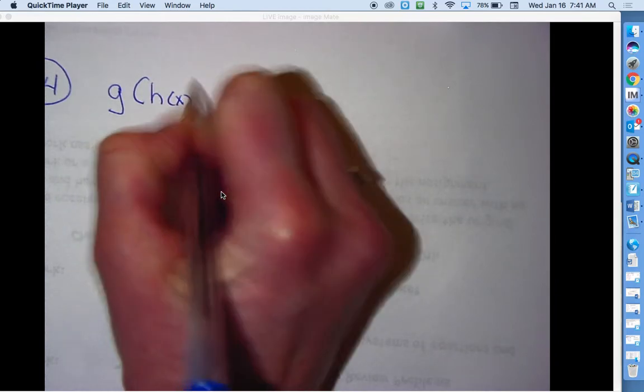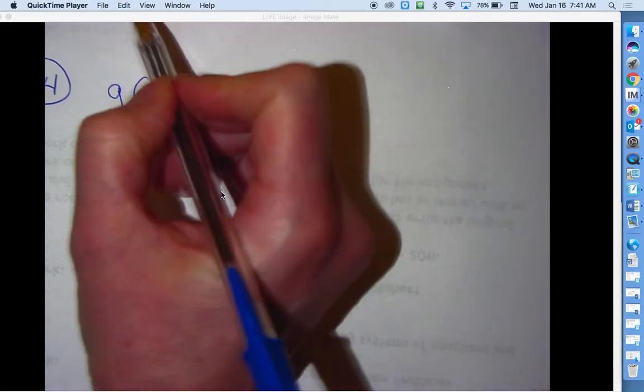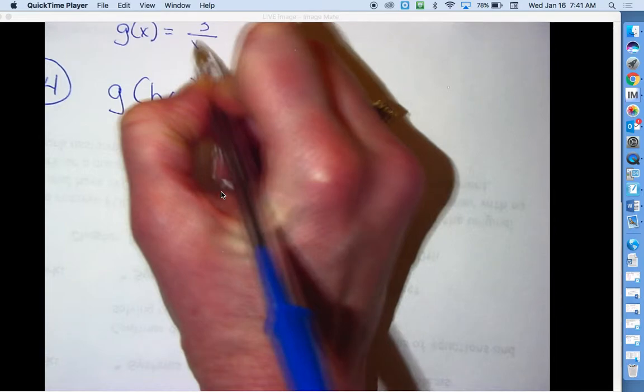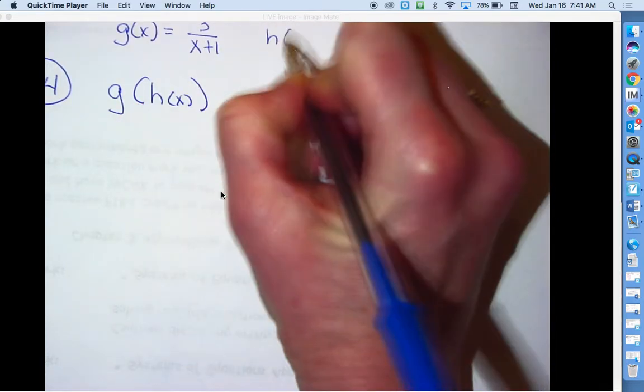All right, so 14 has g of h of x, and of the functions that we're working with, g is a fraction and h is a fraction.